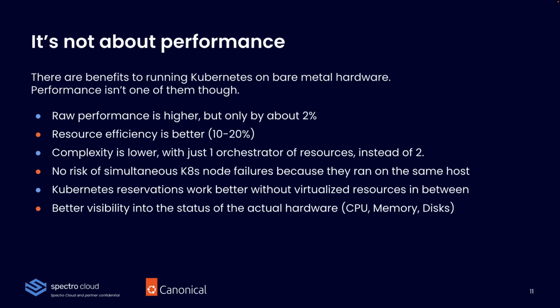The same goes for having insight into the status and performance of the actual hardware serving your workloads. Without virtualization, Kubernetes performance metrics reflect the actual performance of the hardware, not the performance of virtualized resources. Alerts for things like disks becoming unhealthy, for example from SMART data, are also no longer hidden from Kubernetes and can be reported on directly.